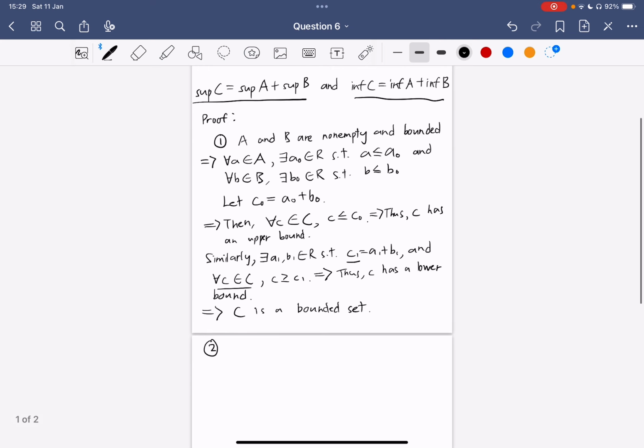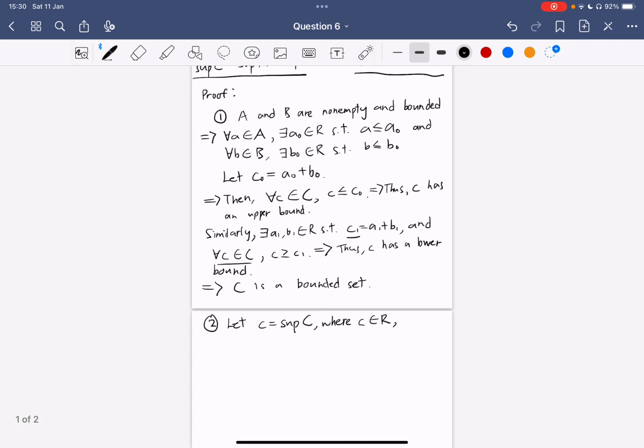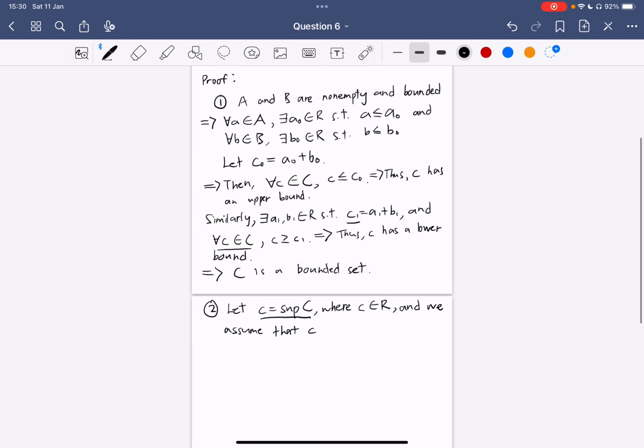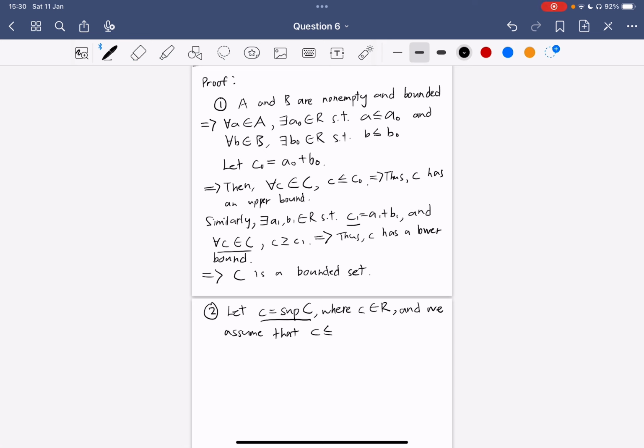Again, we let c equal to the supremum of C, and we assume that c is less than sup A plus sup B.